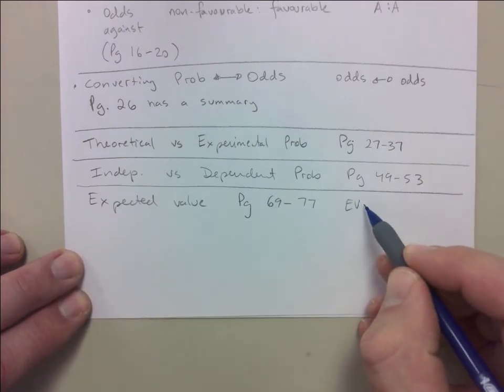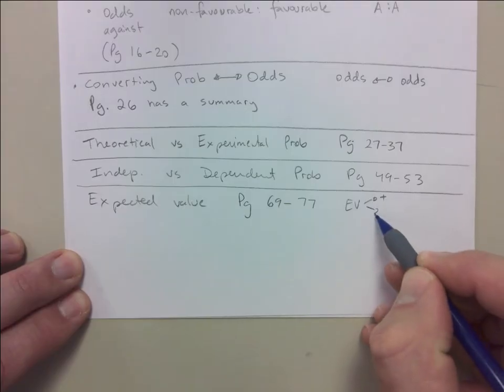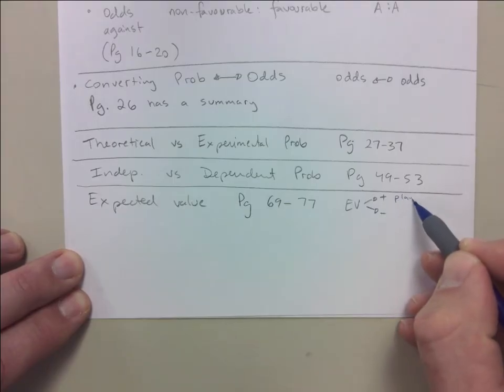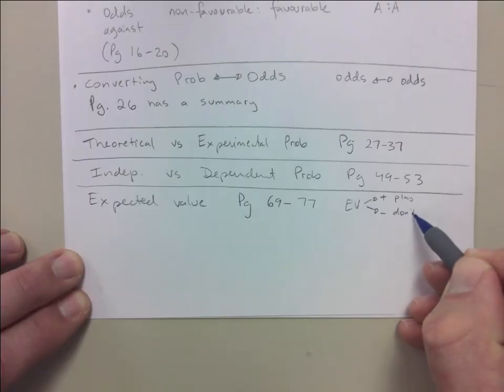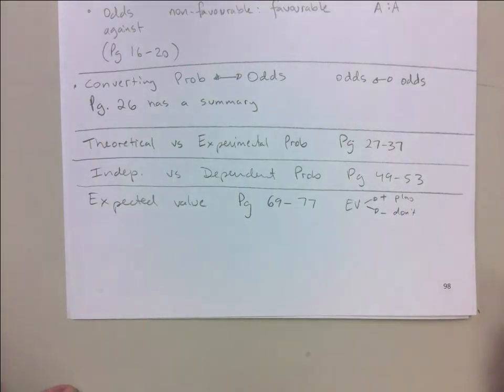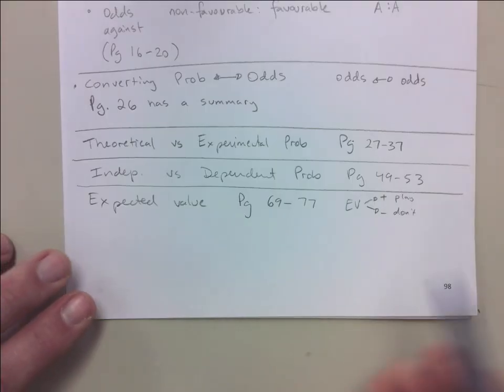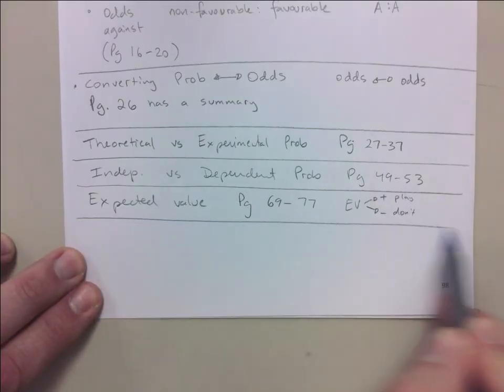Remember, EV is positive or negative: play, don't play. And next thing is outcome tables.